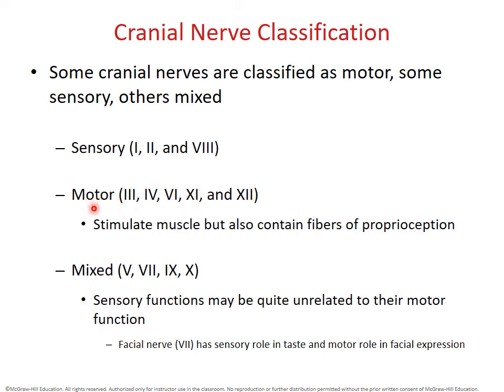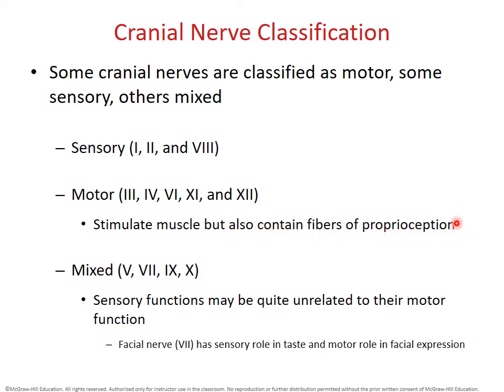Now, it really is unfair to talk about these nerves as completely motor in function. I refer to them as primarily motor in function because all of these nerves do have a small amount of sensory function in the context of proprioception.